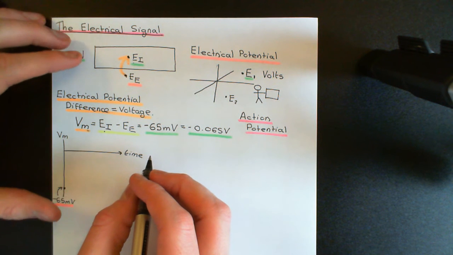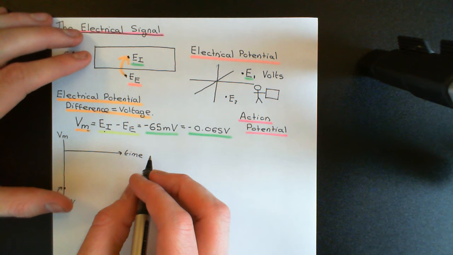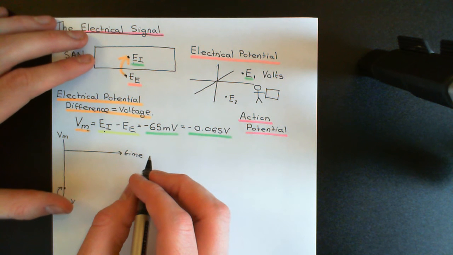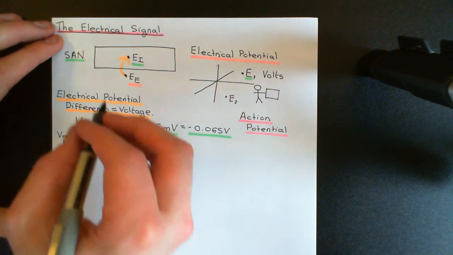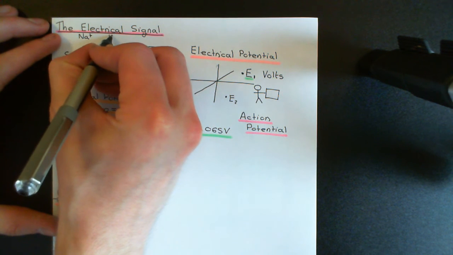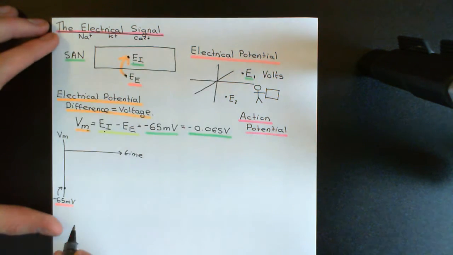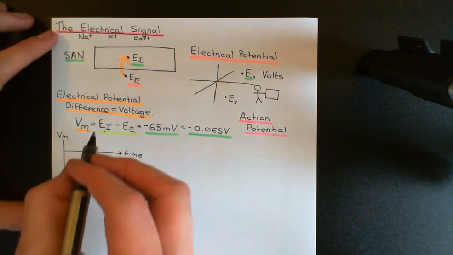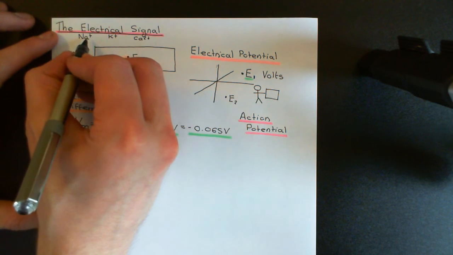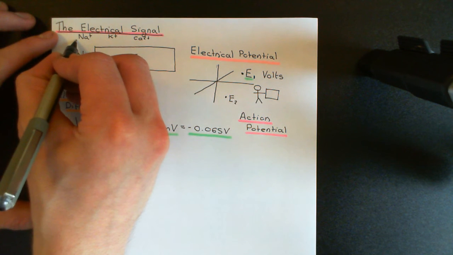So not only is there a gradient in the electrical potential across the cell membrane, there are also gradients in ionic concentrations across cell membranes. Importantly, for sodium ions, potassium ions, and calcium ions, there are gradients across the cell membrane, and I'm just going to give you the numbers here. Sodium ions are in a much higher concentration in the extracellular fluid than in the intracellular fluid.